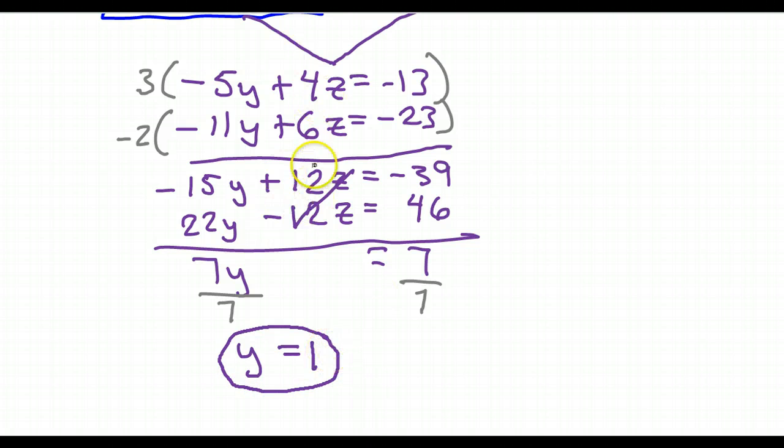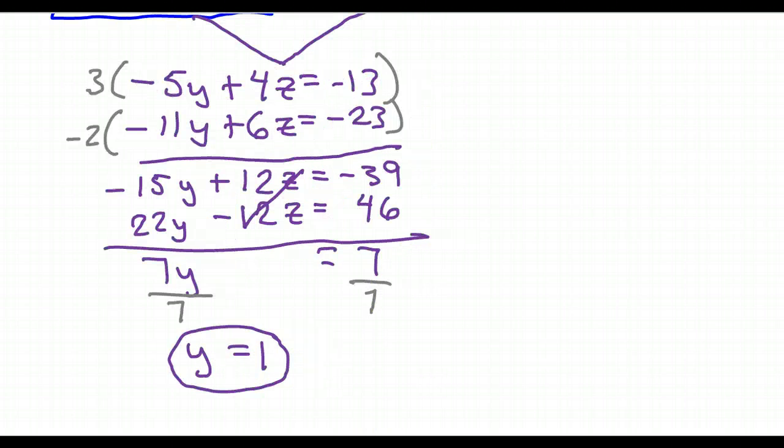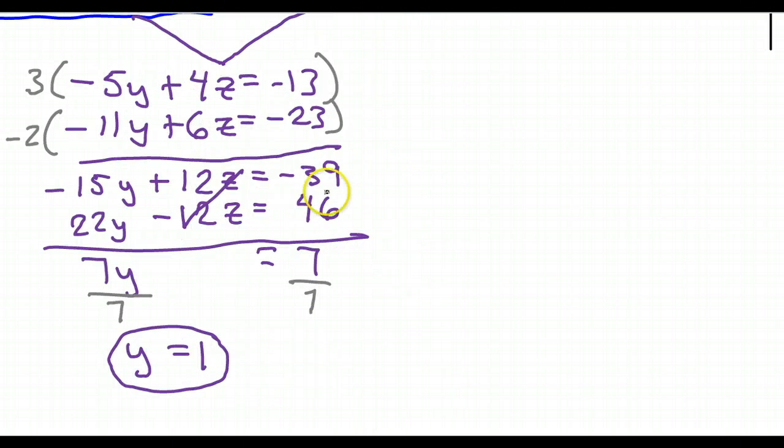Now I'm going to stay with this system right here. I've got the y, but I also need the z. So I'm just going to stay with the same system and get that z. I can use either one of these two equations. I think I'll just use the top equation to get it.